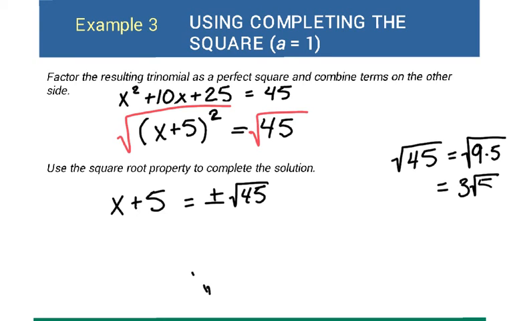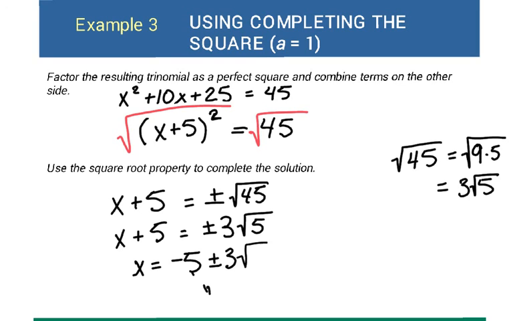So 3 square root of 5 is what I'm going to replace the square root of 45 with. And then to solve for x, simply subtract 5 from both sides. And we have our solution. There we go. And that is completing the square.